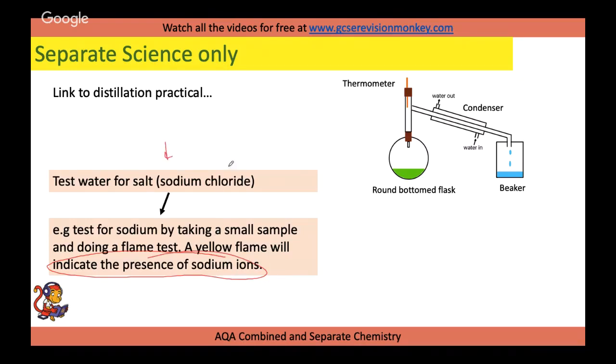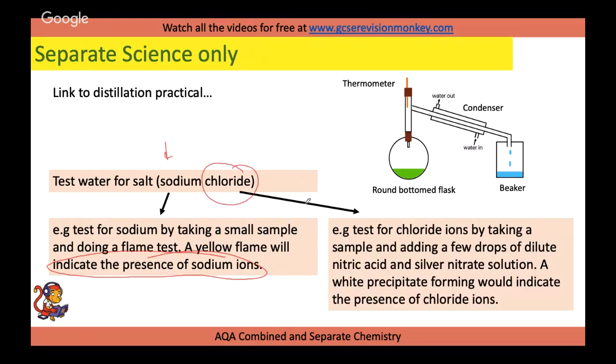And then for the chloride bit, you would test for chloride ions by adding a few drops of nitric acid, because it's a halide, and silver nitrate, and a white precipitate would be a positive test for chloride ions. So they might link this in with the distillation practical, so look out for that one.